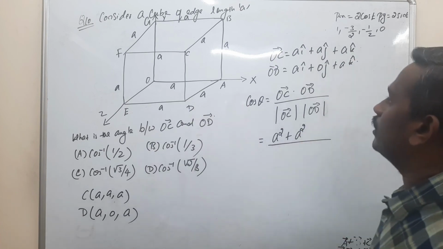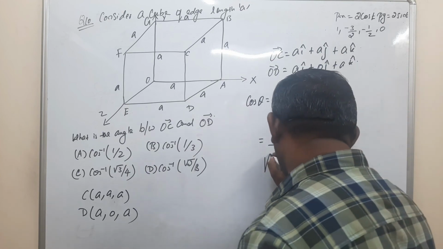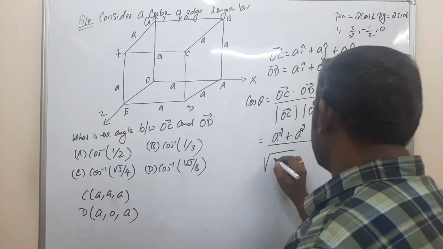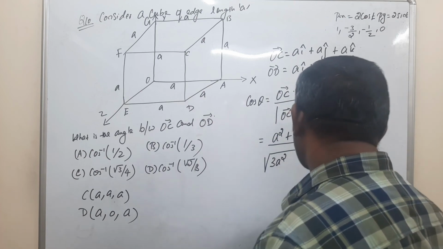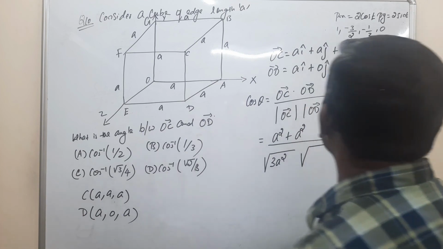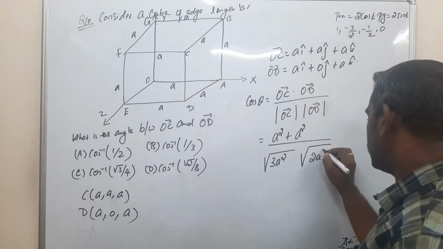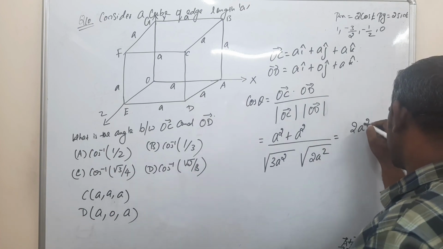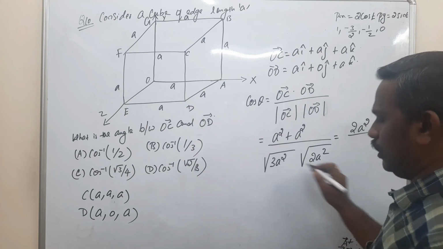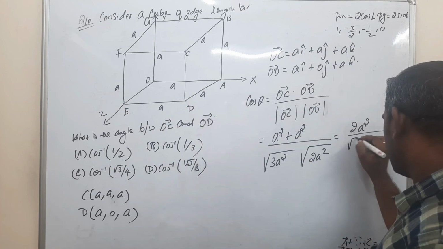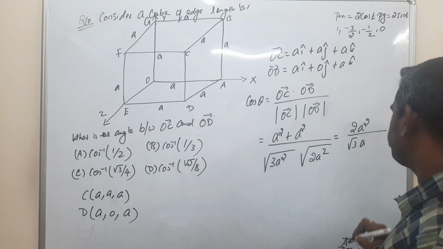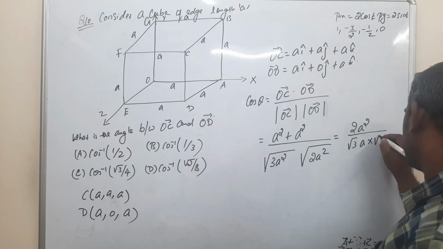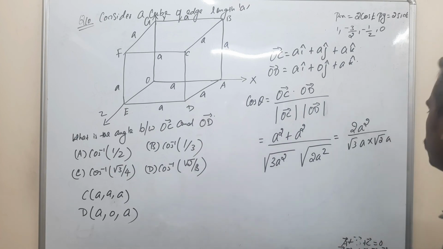Divided by modulus of OC vector, that is root of A square plus A square plus A square, that is 3A square, and modulus of OD vector, that is root of 2A square. So we get A square plus A square, 2A square, divided by root 3A into root 2A.